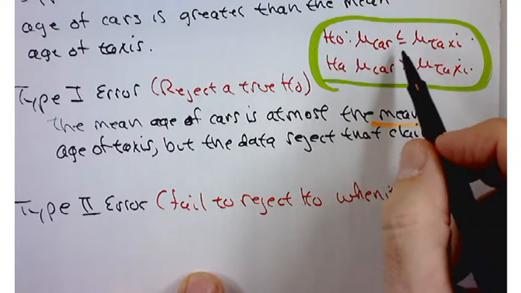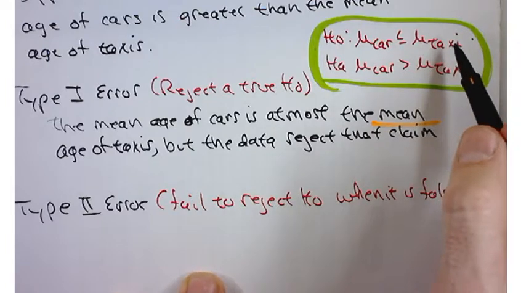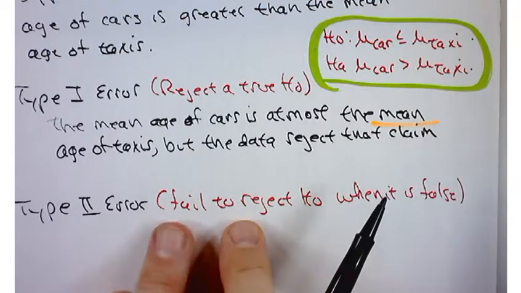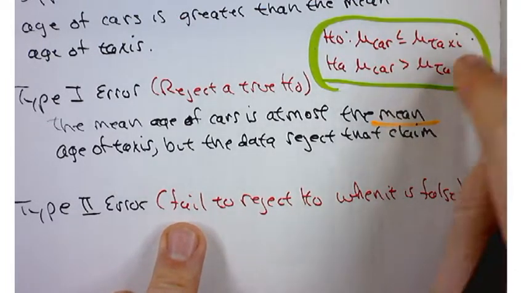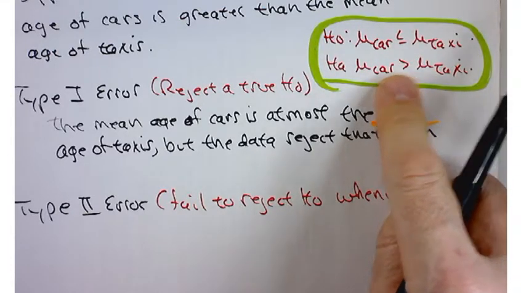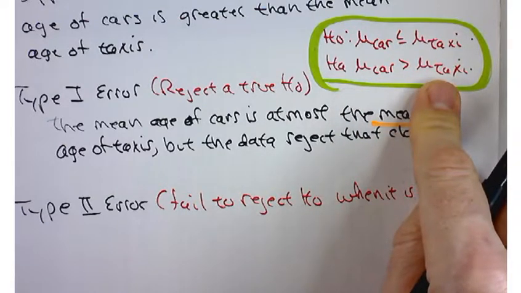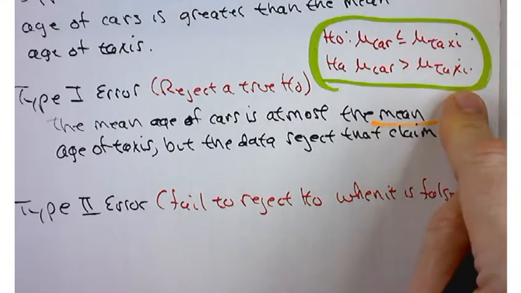You said the mean age of cars is at most the mean age of taxis. So that's implying that this is true. But in a type 2 error, it's actually HA that's true. So it's true that the mean age of cars is greater than the mean age of taxis, but the data fail to support that claim. That'd be one way to say it.